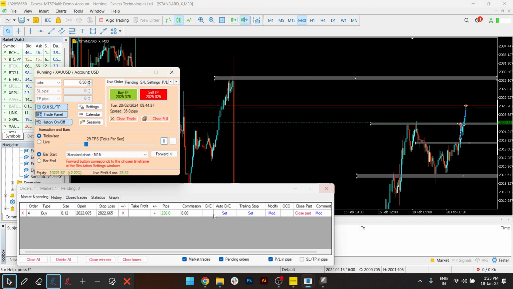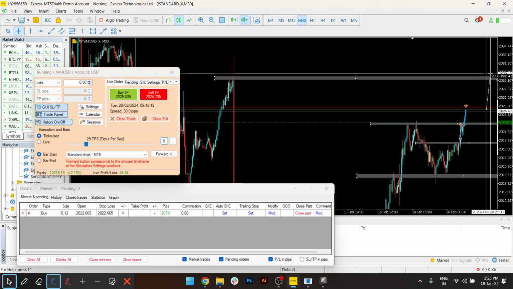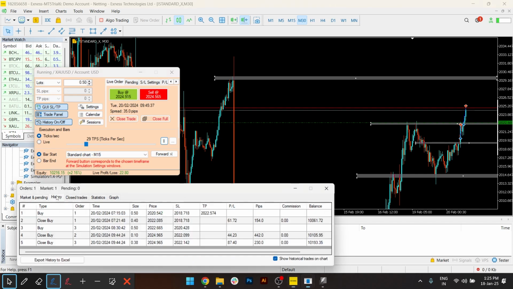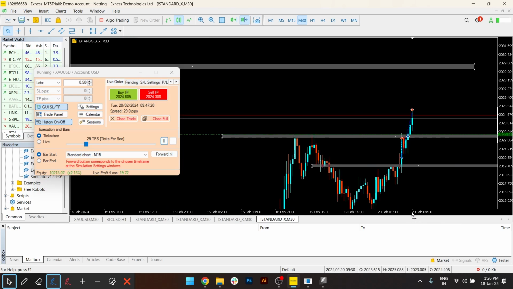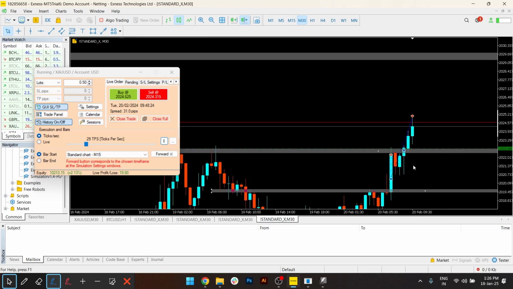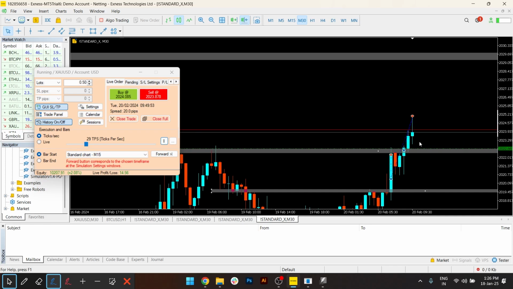So yeah, this is when you let your runners run, because you have secured profits. And now even if the price comes down and hits your stop loss, you're not going to lose anything, and this is going to boost your confidence as well.